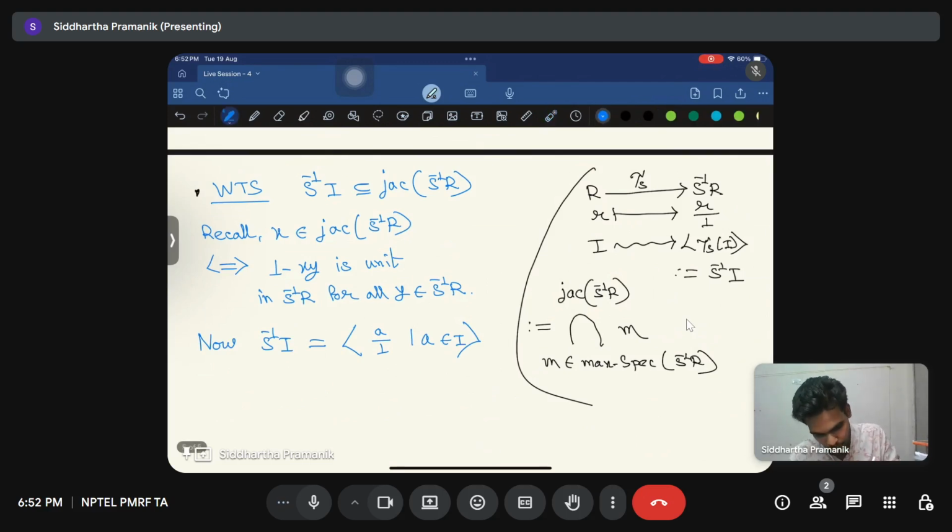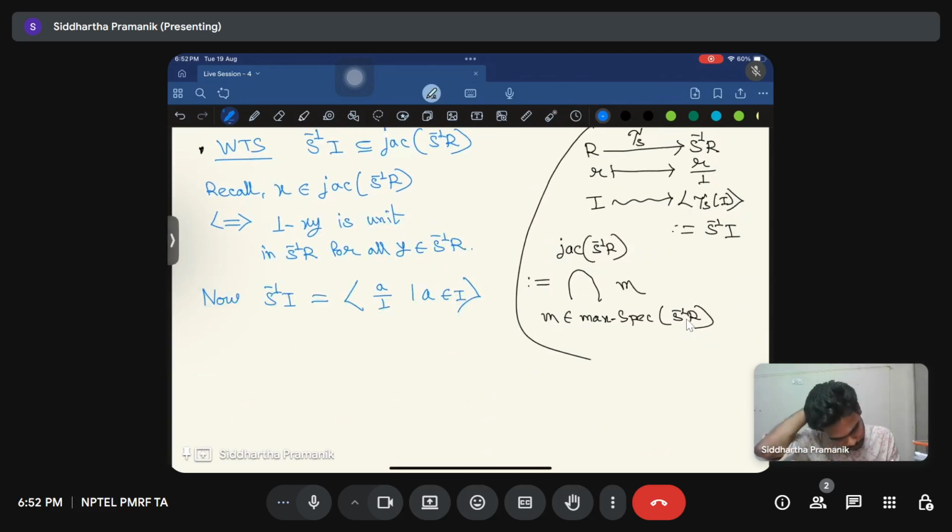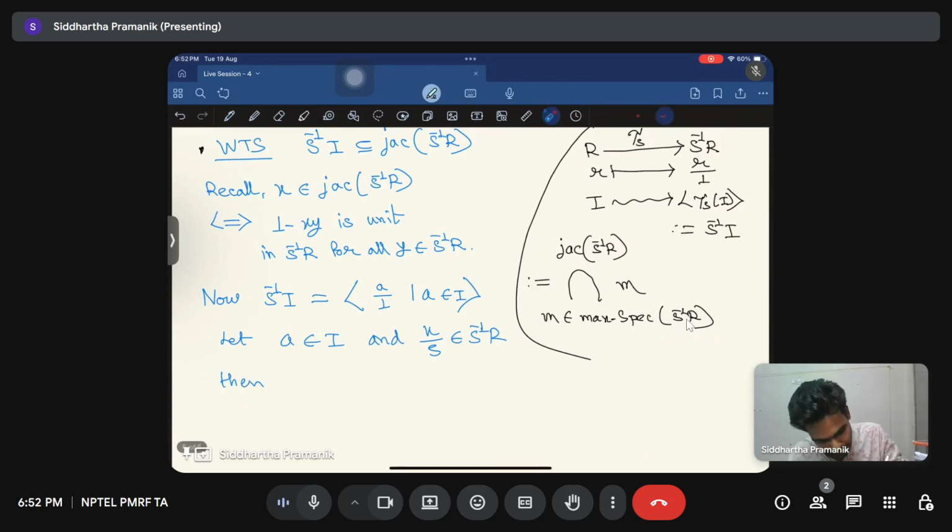So let a belong to I and x by s belong to S inverse R. So this is an arbitrary element.